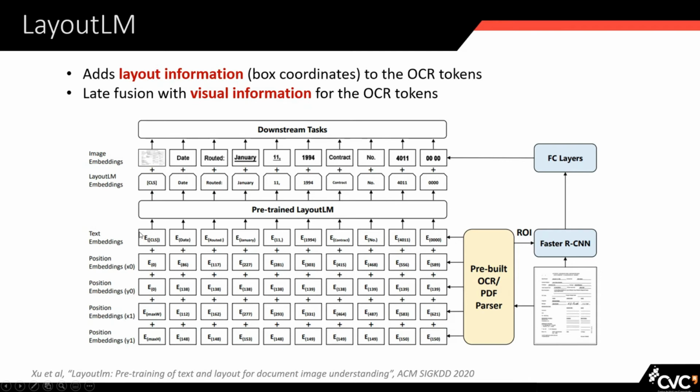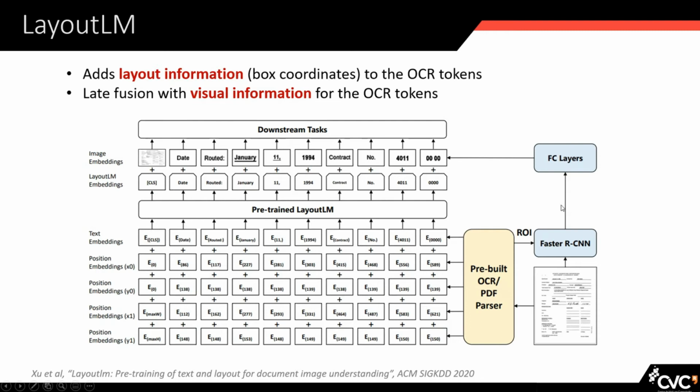They follow the classical BERT architecture with the class token embedding and an embedding for each of the tokens. And they add the left, top, right, bottom token layout information, and then they pass this information through the self-attention transformer network.